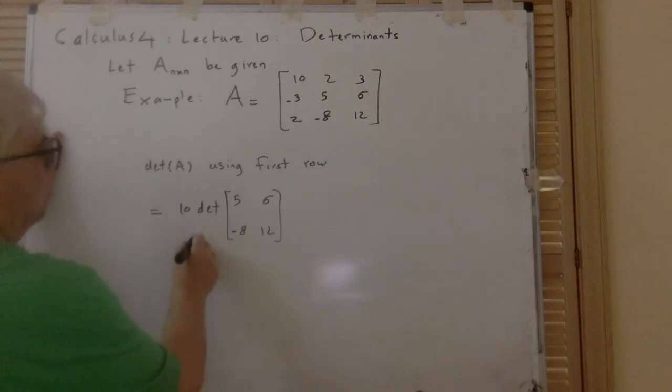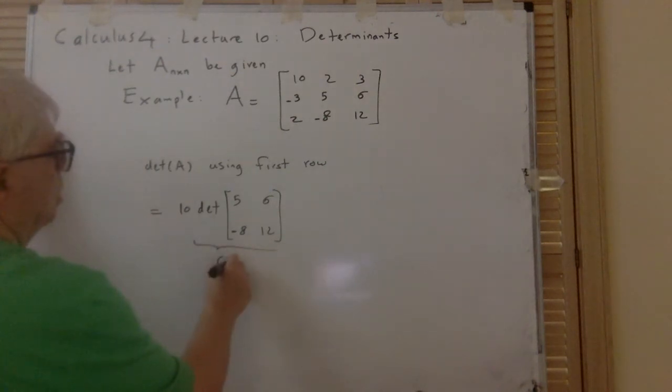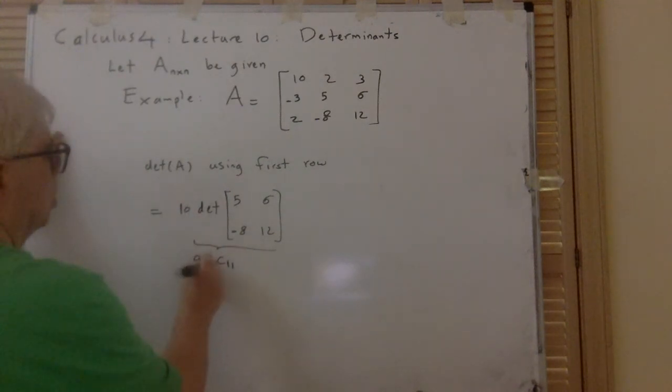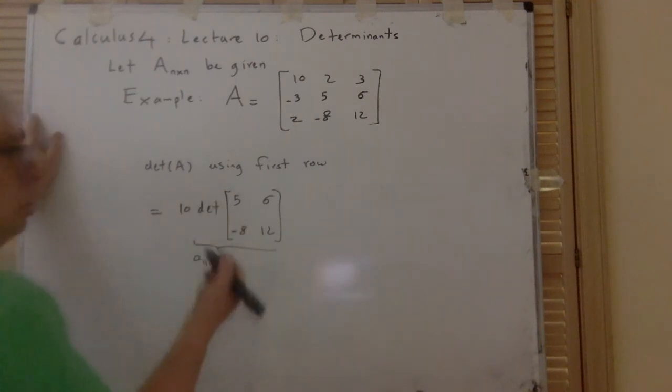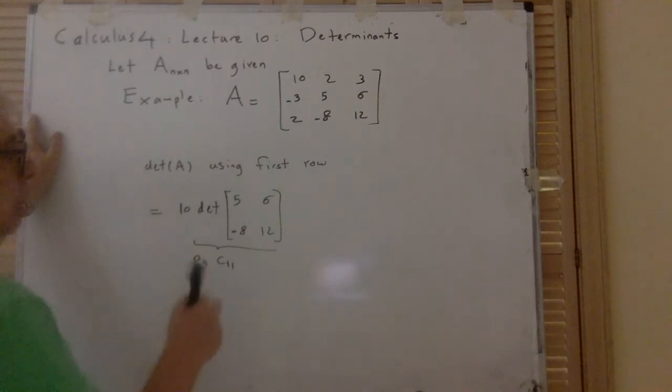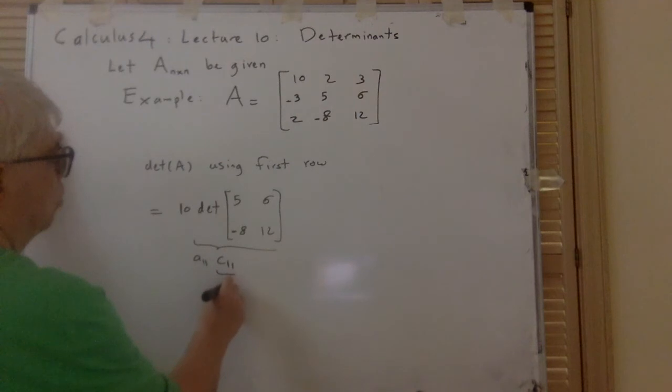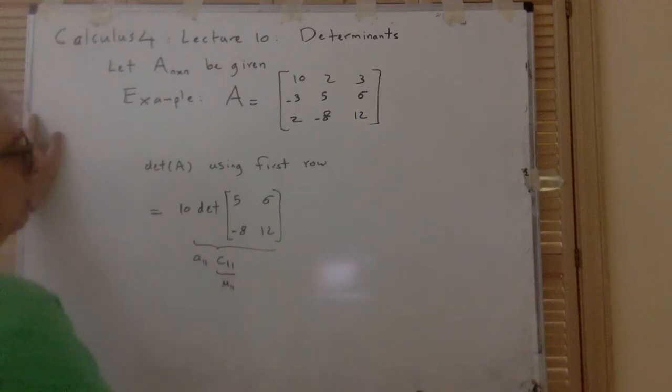So this is in fact Cij. This is C11, and this is A11. And C11 is positive, because negative 1 to the power 1 plus 1 is positive; in fact, this determinant is both C11 and M11. M11 and C11 are the same.